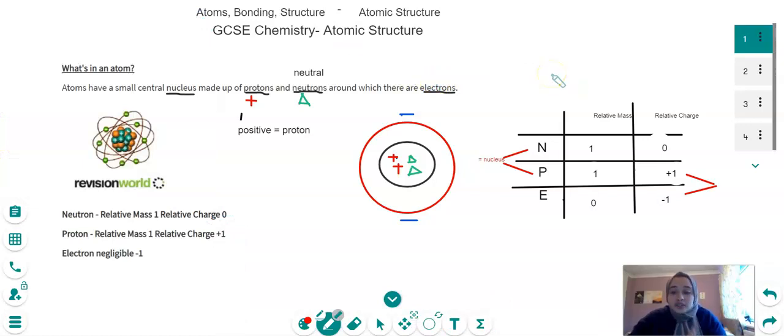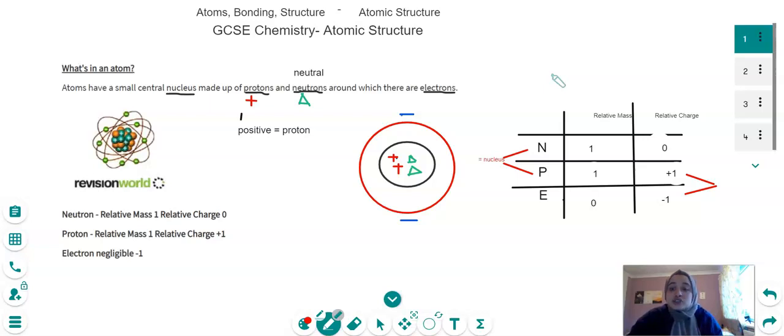Its main reason for existence is that the nucleus is always very heavy. The protons, because they're inside the nucleus, weigh, and the neutrons are really important for their weight, for their mass.